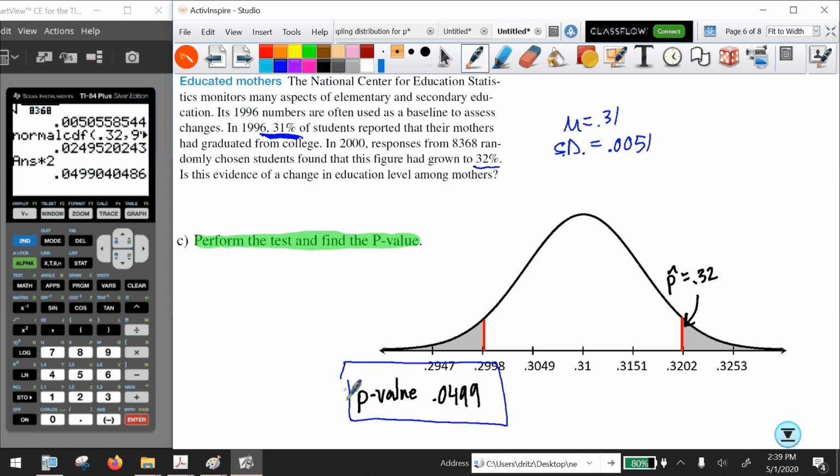And that is typically what we set as the benchmark for statistical significance. So since our p-value is smaller than 5%, there's less than a 5% chance of obtaining such a result if in fact the true proportion is 31%. And that leads us to come to the conclusion that maybe it isn't 31%.